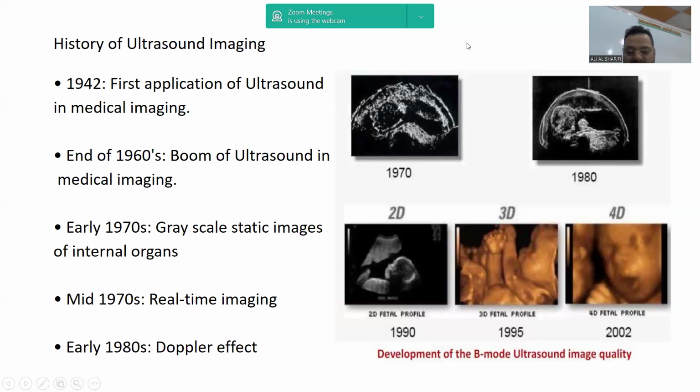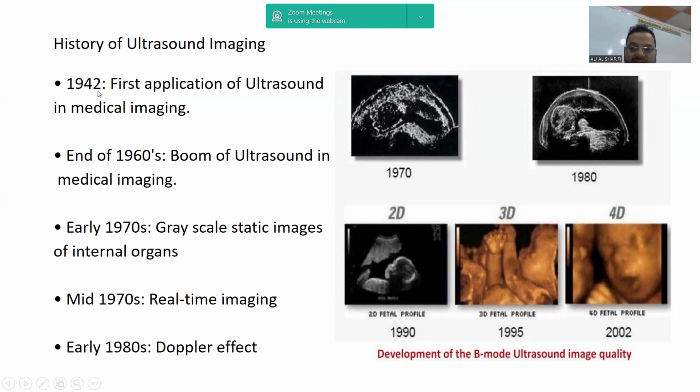Here, let's take a simple idea about the ultrasound image from the sonar. In 1942, the first application of ultrasound in medical imaging. It was not clear, but it was the first step to take a good image of soft tissue, internal organs, a baby.